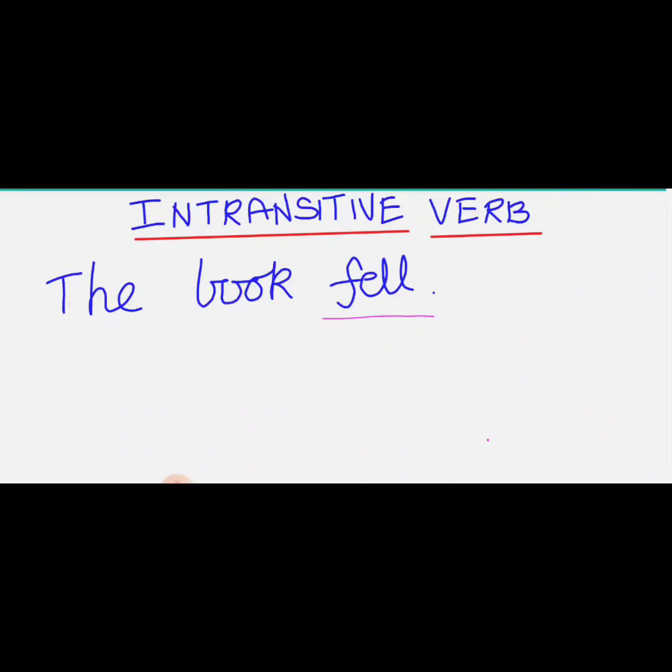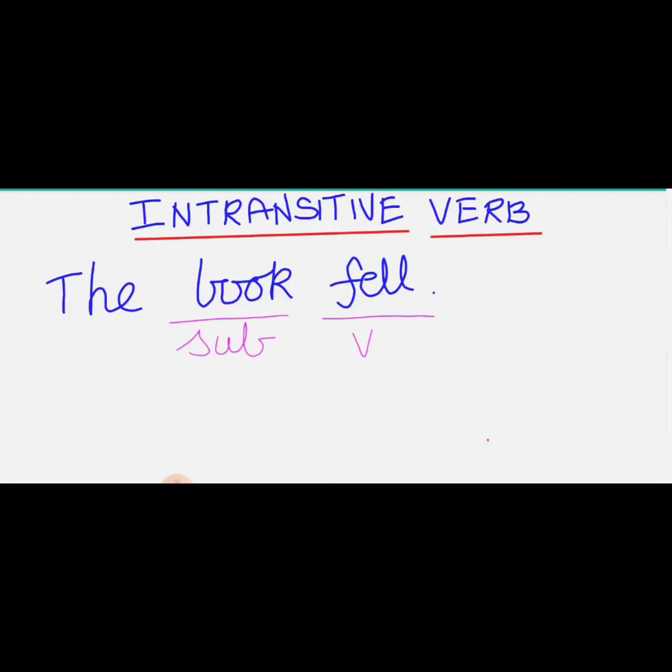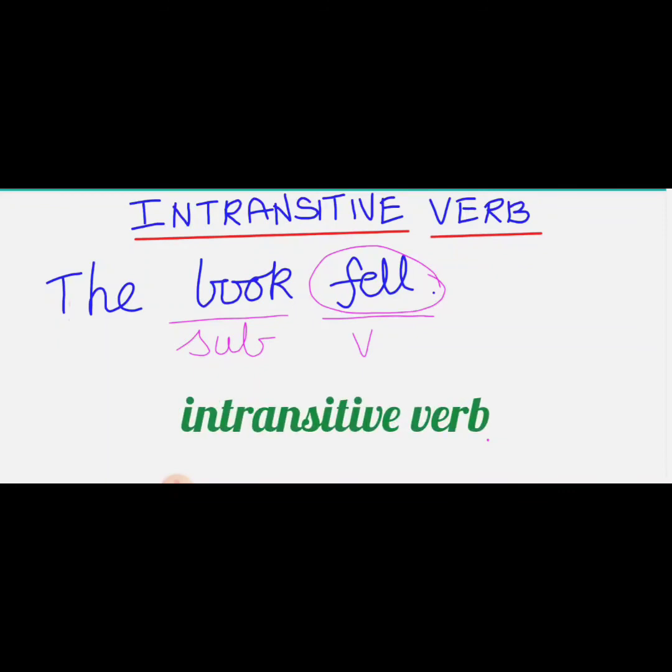So we have the subject and a verb. It does not have an object that follows the verb. So in this sentence, fell is an intransitive verb. Now let's move on to the next example.